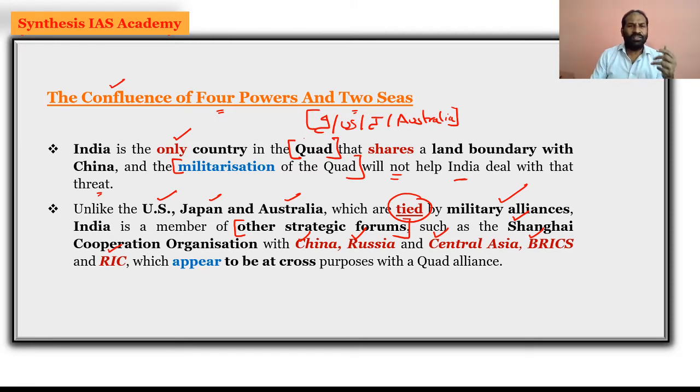If you look at all this, India has a strategic forum with all these organizations.